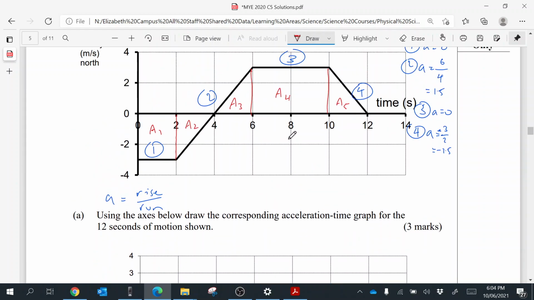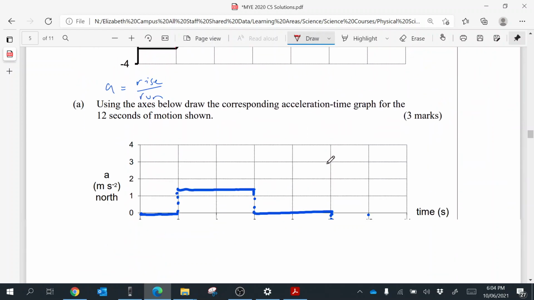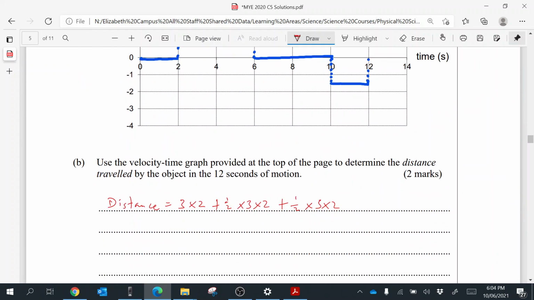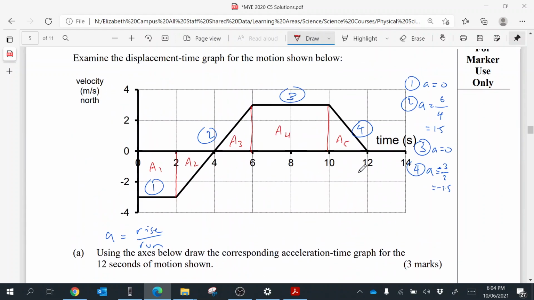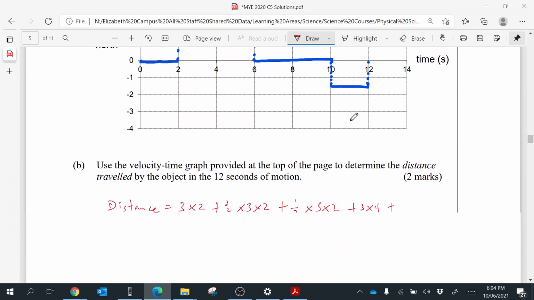Then we have A4, which is a rectangle with a height of 3, and it goes from 6 to 10, so that's 4 seconds, so 3 times 4. Plus, finally, we have another one of these triangles, so half times 3 times 2.